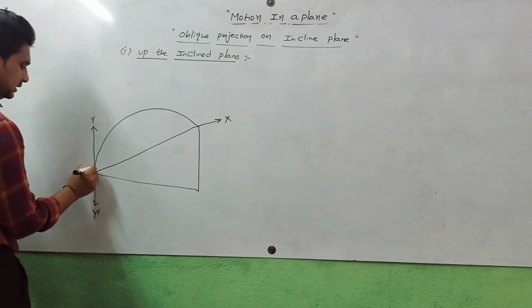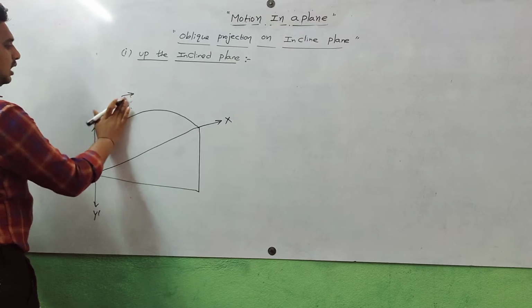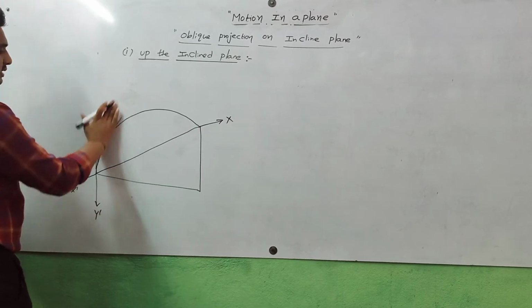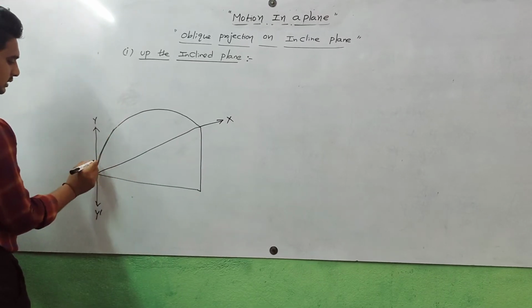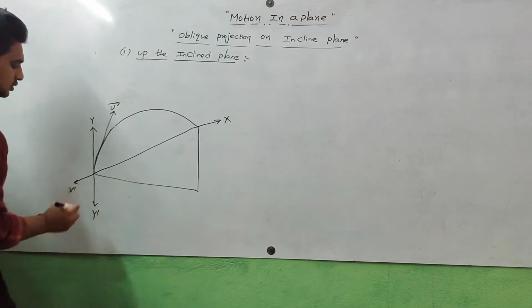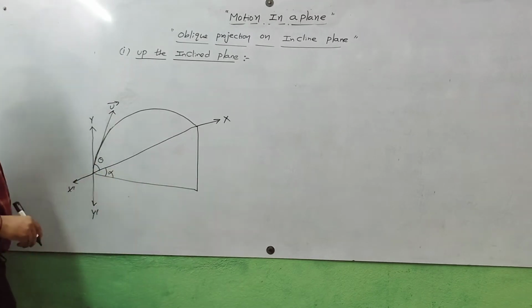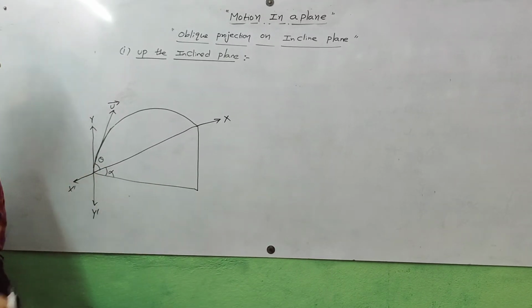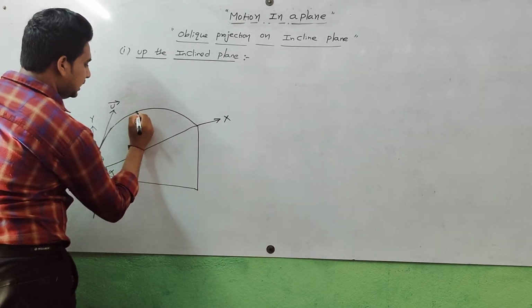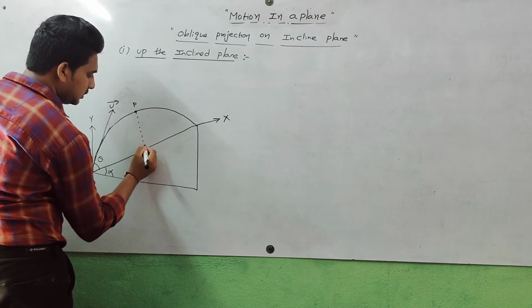Here is the initial vector u bar, drawn like this. It makes an angle theta here, and the inclined plane makes an angle alpha here. So this is a point P.